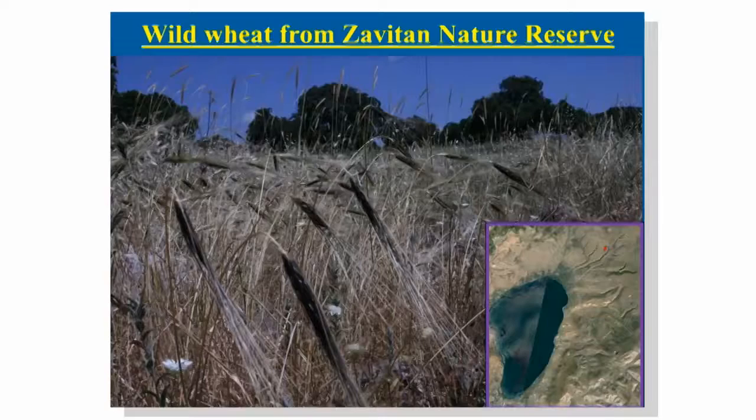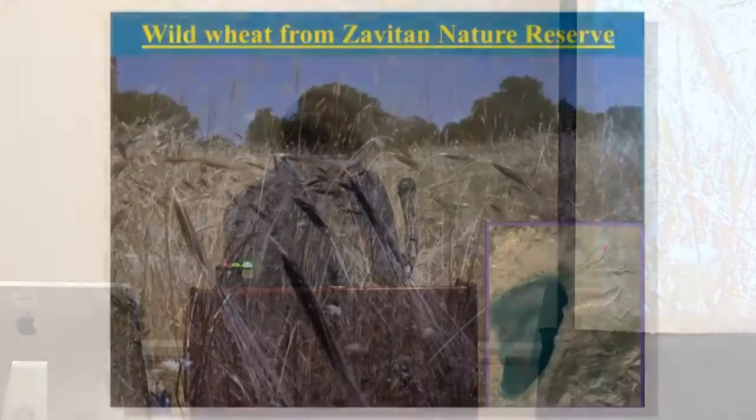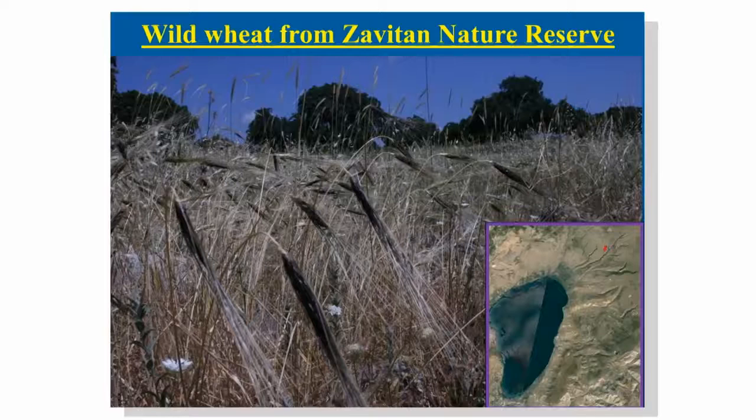And this is how it looks in Israel, in the Zavitan Nature Reserve, where this line was collected. And for me, this is more exciting than a polar bear, but just me. So you can see the Sea of Galilee, the Zavitan Nature Reserve, and wild wheat growing.